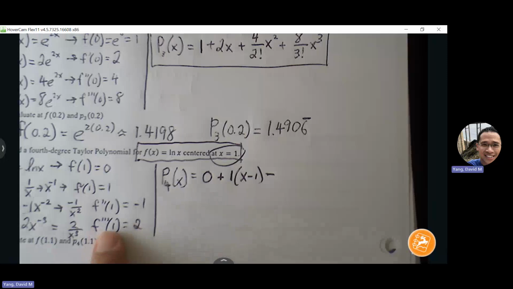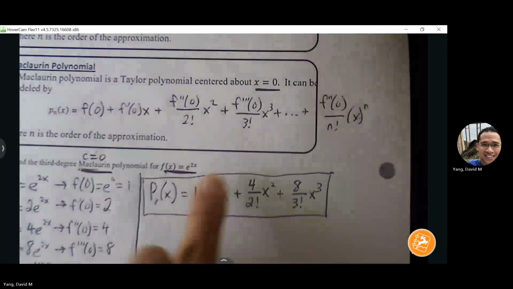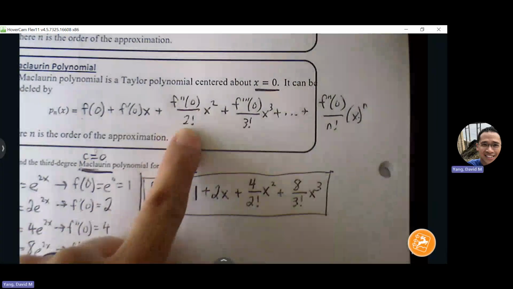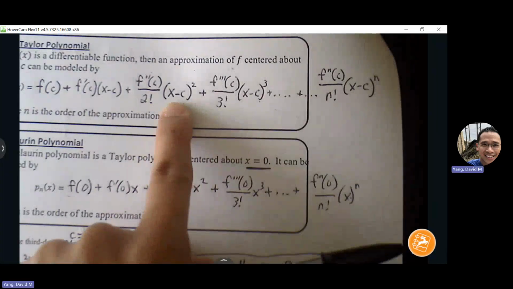Minus, what's next? Yeah, -1 over 2 factorial times x minus 1 squared.